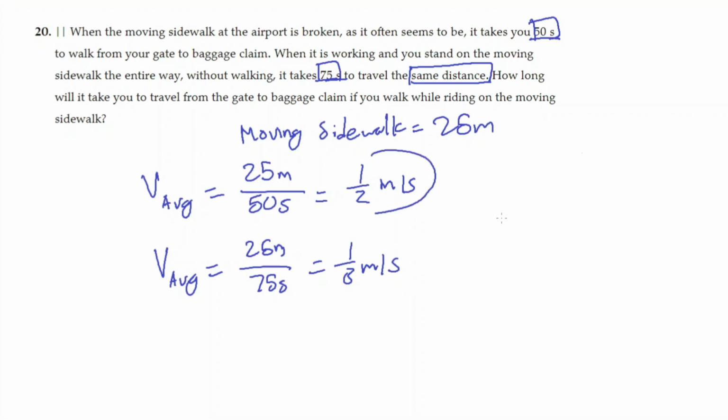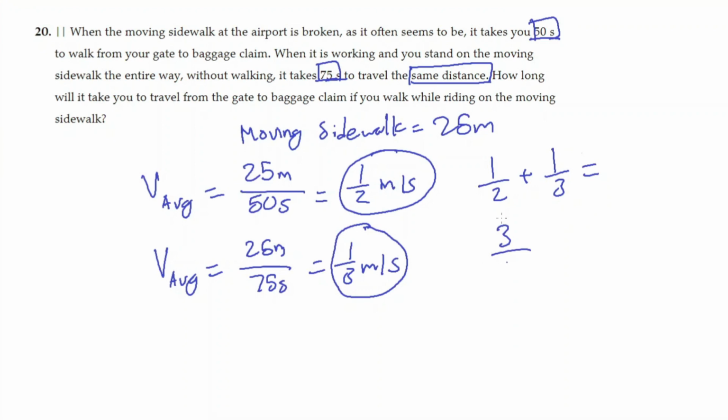So when you're walking that distance, you're going to be walking at a speed of 1/2 meter per second, and the moving sidewalk will move you at a speed of 1/3 meters per second. To find how long it'll take us to travel if we walk on the moving sidewalk, all we need to do is add them together. So it's going to be 1/2 plus 1/3 meters per second, in which we could just make them have the same common denominator.